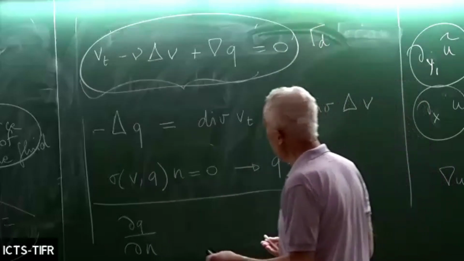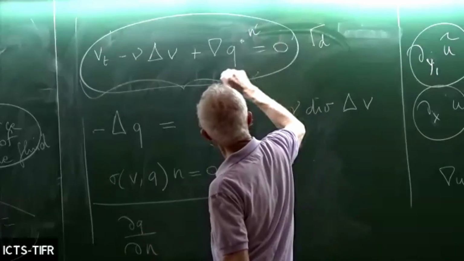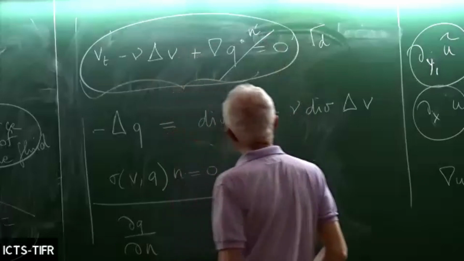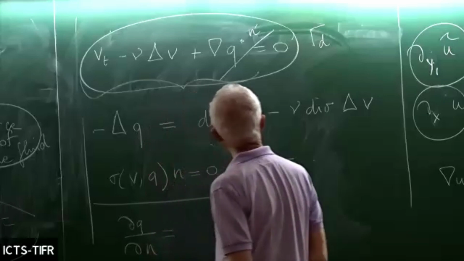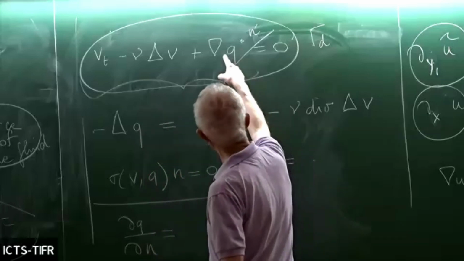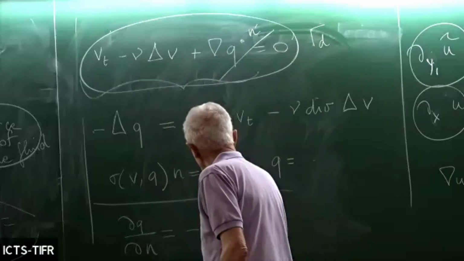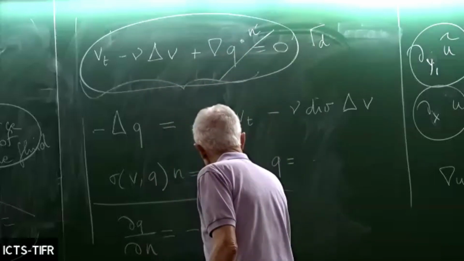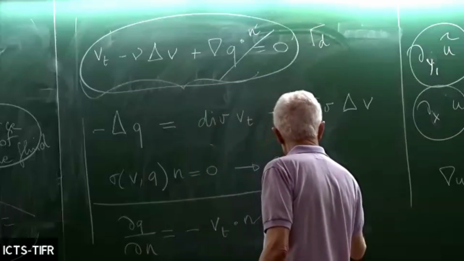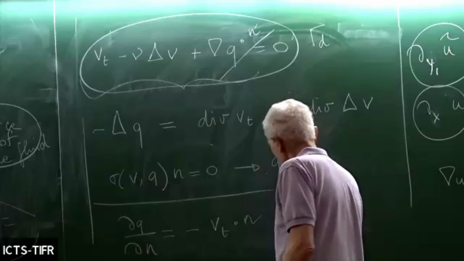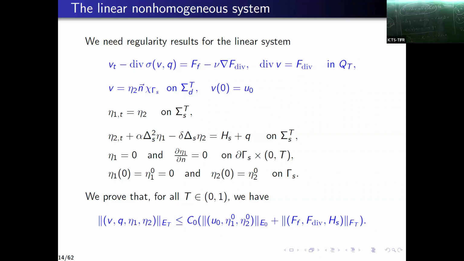And because it is valid up to the boundary gamma d, I take the inner product with the normal, and I obtain here this quantity equal to minus Vt dot n minus nu Laplace V dot n. So this is formal, but more or less this is what I have to analyze.